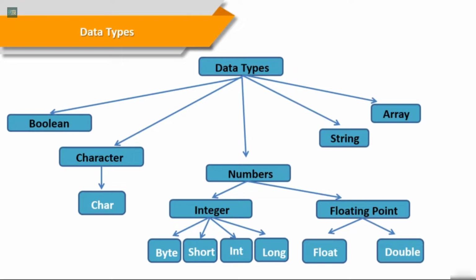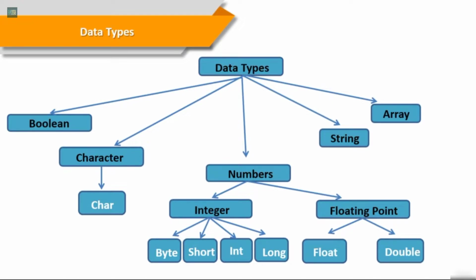There are 4 different integer variables, and these are byte, short, int, and long variables from smallest to largest. Floating point variables are also divided into 2. These are float and double. And then finally, we'll get to string variables, and these represent textual expressions in arrays, and these can hold more than one value in themselves.